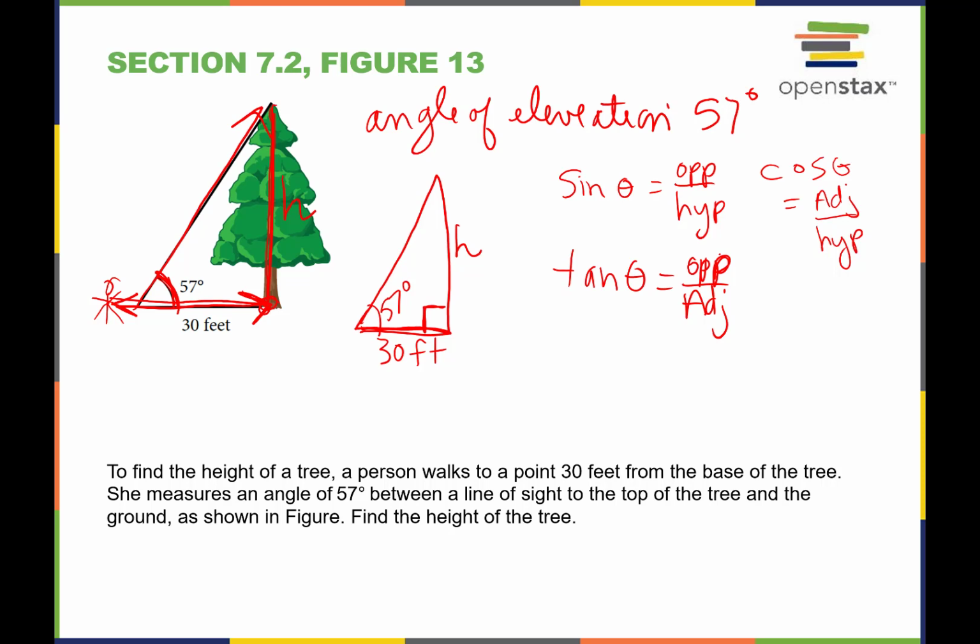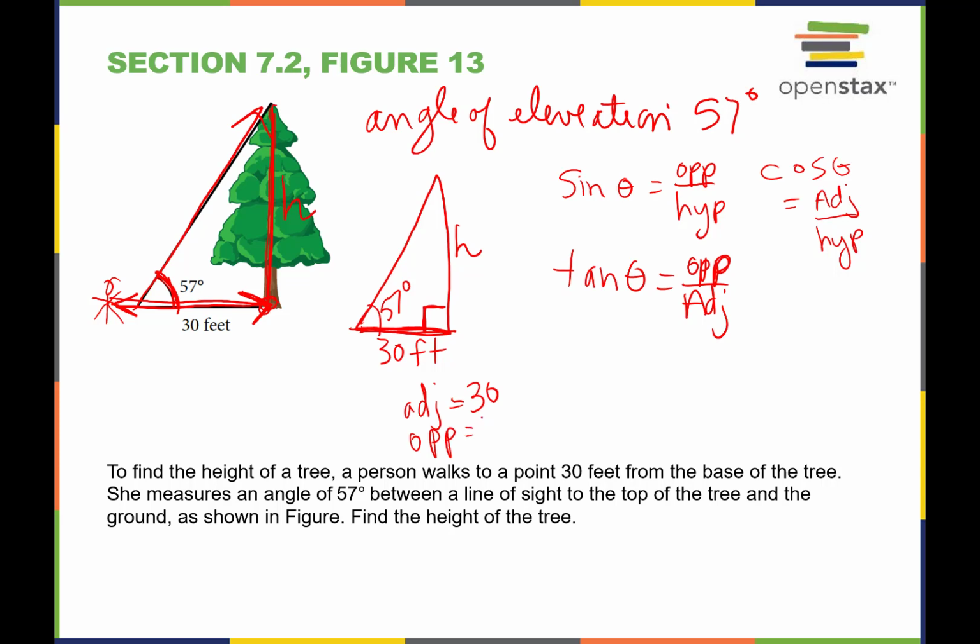Okay, so look at the information that we have here so we can figure out which of these definitions we're going to use. I have my adjacent side. That's 30 feet.